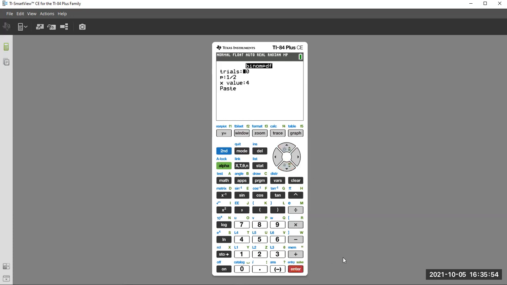Exactly. We have this time 5 trials. 1 divided by 5 is the probability of success in any one trial. And we want to get 2 out of the 5 questions right when we guess. So that probability, 0.2048.